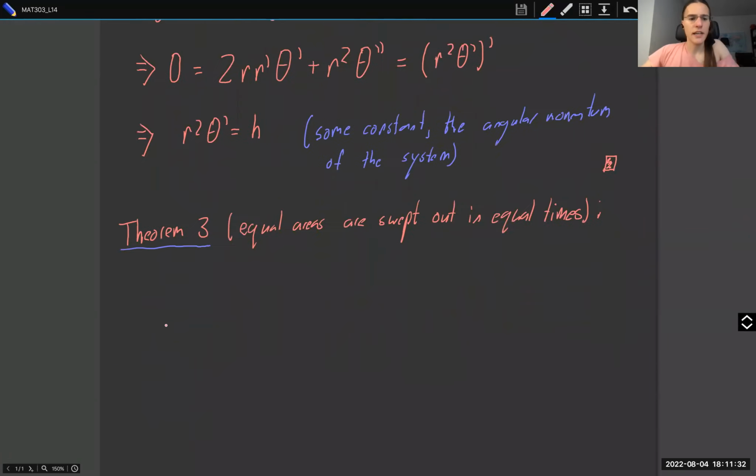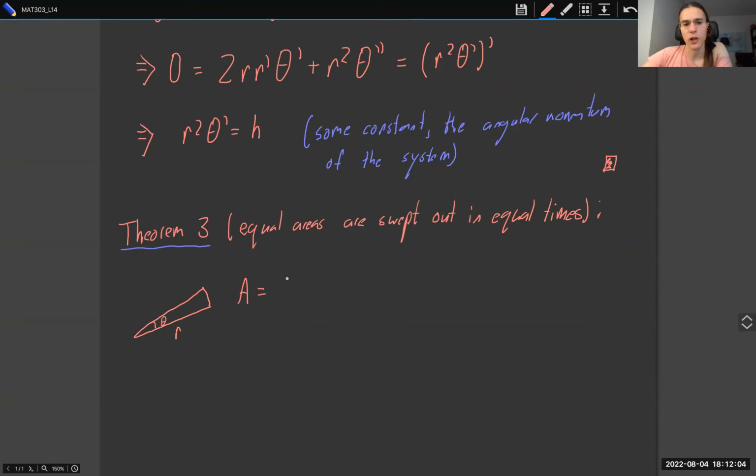The idea here is that suppose you are moving and you have some section of a circle that's uniform, where this angle is theta and this radius is r. Then the area of this sector is some fraction of the circle.